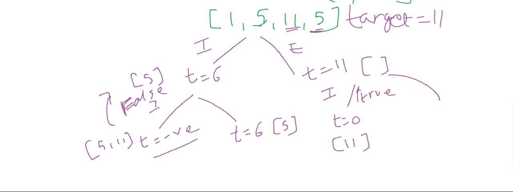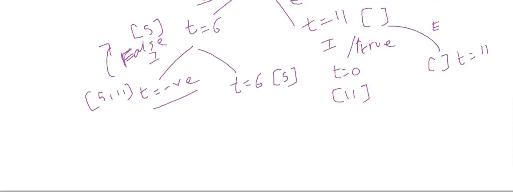Now if I don't include 11, that is exclude, my subset is empty, my target is 11, right? So now let's continue. This branch is done. Okay, this one is done.